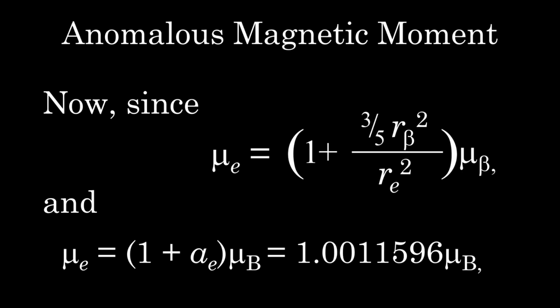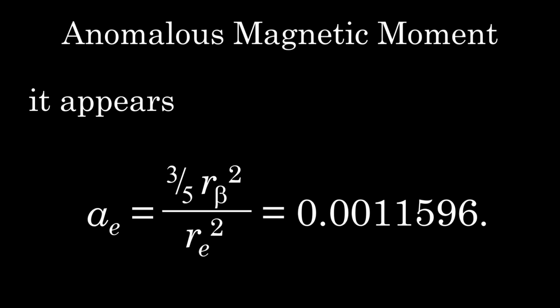Now, the quantity 1 plus 3/5 R_beta squared over R_E squared appears to correct the Bohr magneton to the actual electron magnetic moment, making it equal to 1 plus the anomalous magnetic moment, where 3/5 R_beta squared over R_E squared becomes the electron anomalous magnetic moment, 0.0011596.